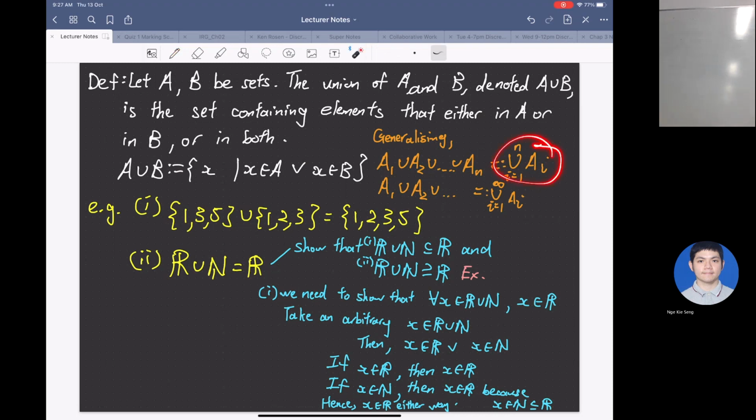So what's on the right hand side here is exactly what is on the left hand side. This i is not important. You can also change it to j. It's just an indexing number here. But what is important is that i and j are indexing in Z. There should be an order so that you know what's the next number.